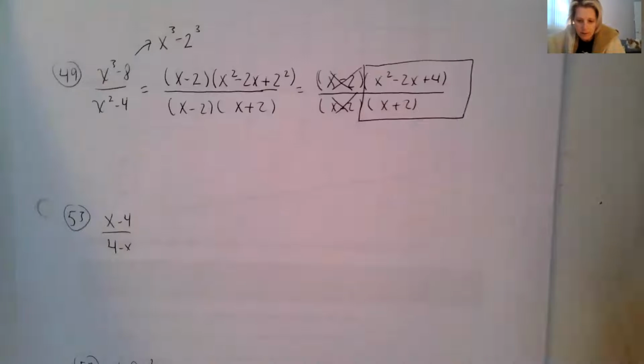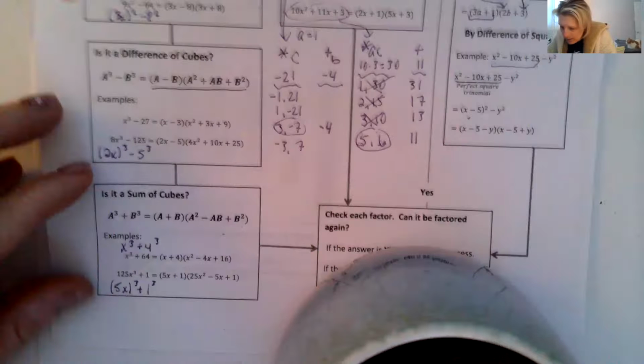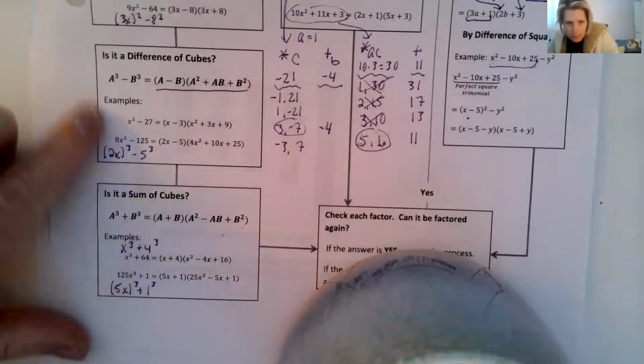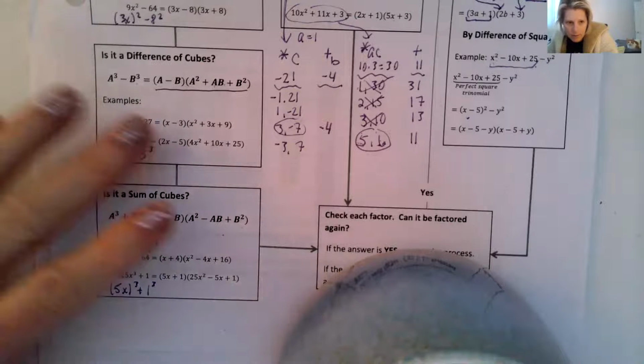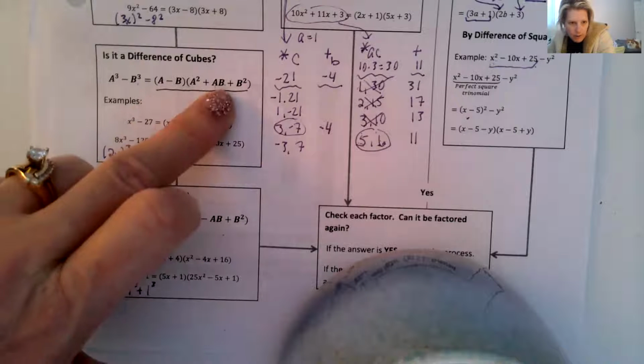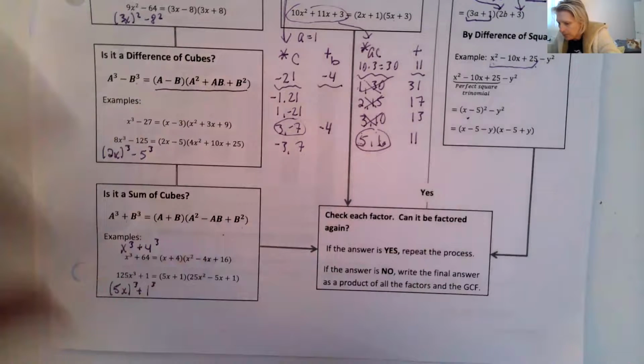And those cannot be factored any further, because by the rule of the difference of cubes and sum of cubes, if a and b are single terms, like an x to the 1 in the a or b, then they're not going to be able to be factored anymore once you put them into this form for the difference of cubes or the sum of cubes.